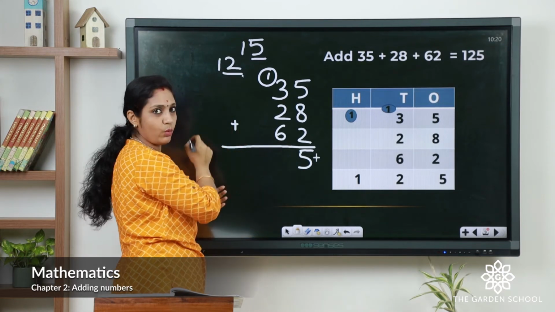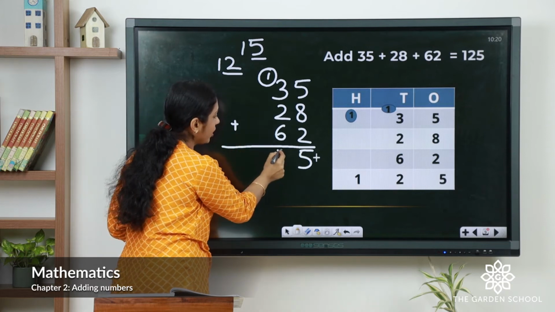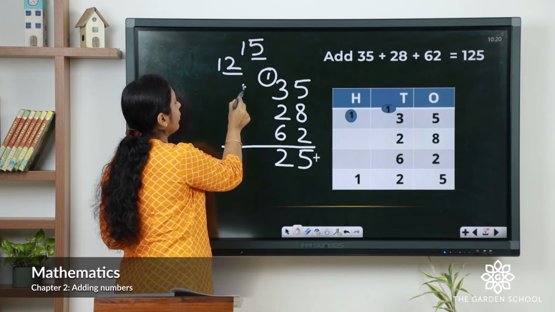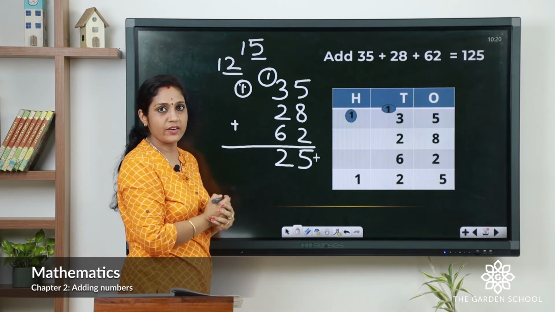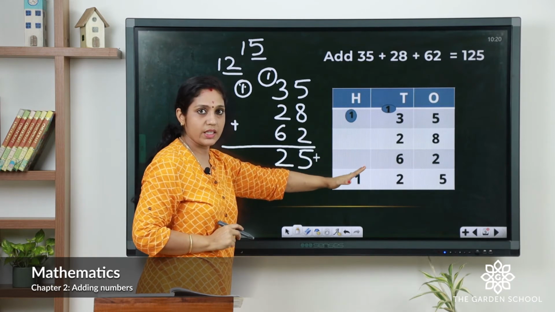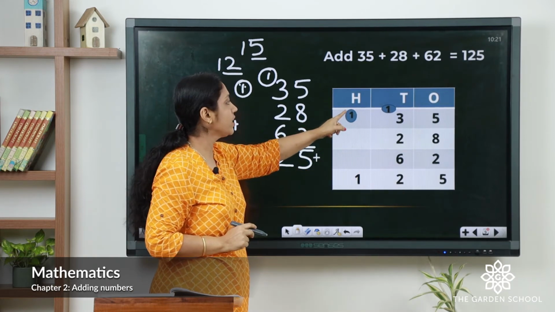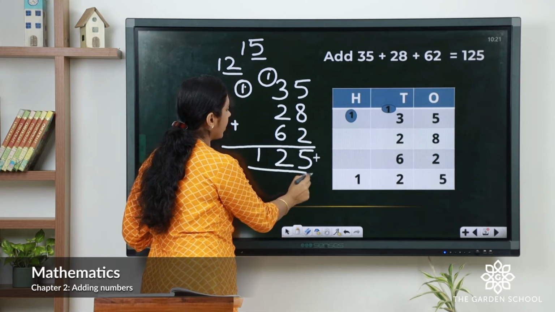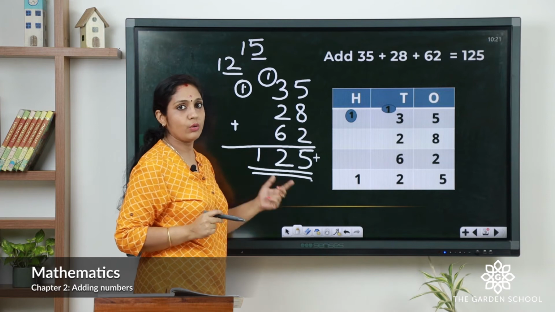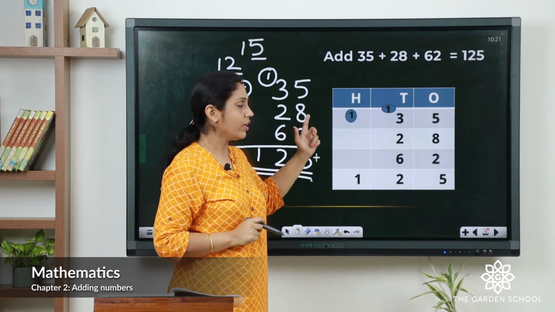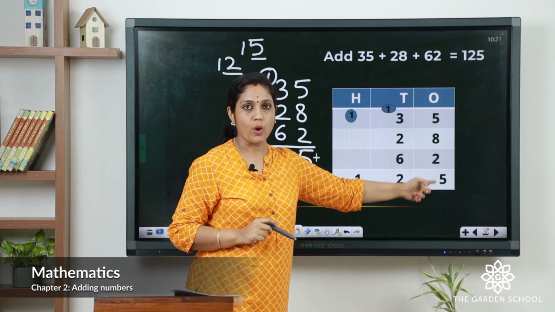That 2 which is in the ones position we are going to write it here under the tens place, and the 1 we are going to carry it to the hundreds place. You can see that here, and there are no other numbers in the hundreds place. So, we can write this 1 to the answer and we get the answer 125. So, we have got a 3-digit number as an answer. We have hundreds, tens, ones.